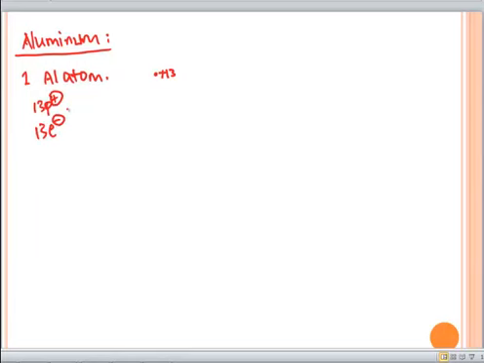And we also learned in the previous units that those 13 electrons are well organized into what we call the ground state electron configuration. In this case, you check on aluminum. It's in the 3rd period, which means you have 3 rings.